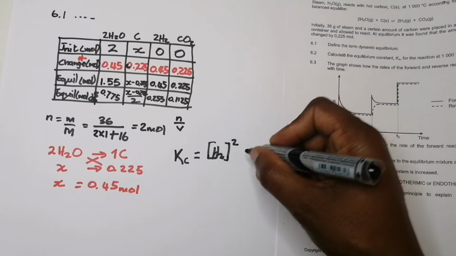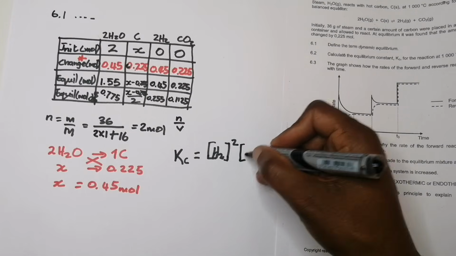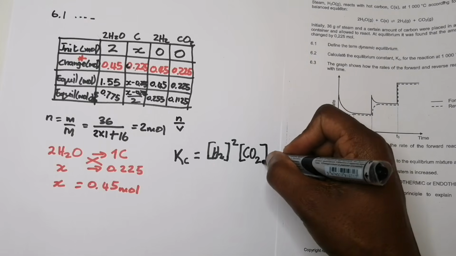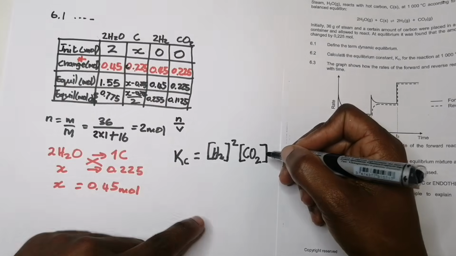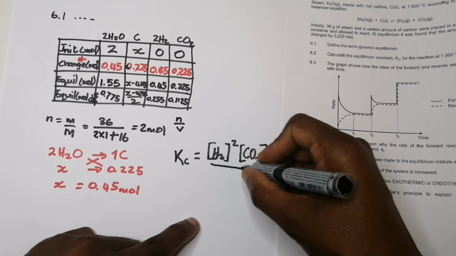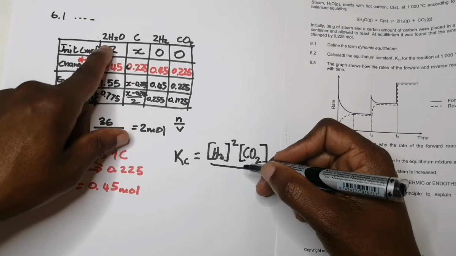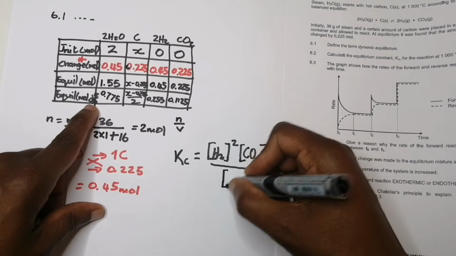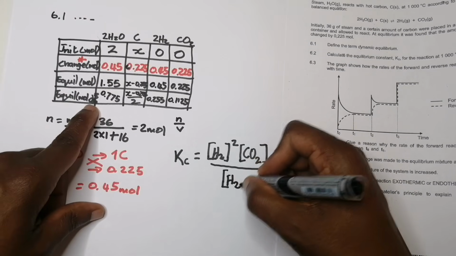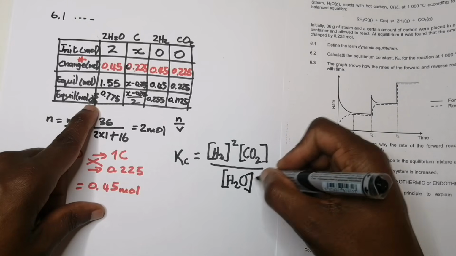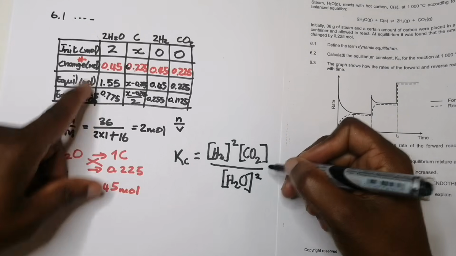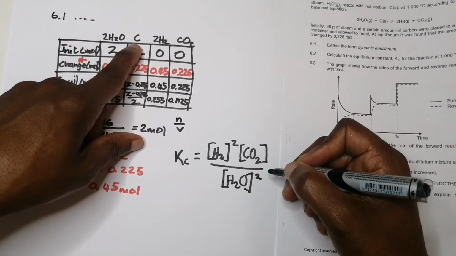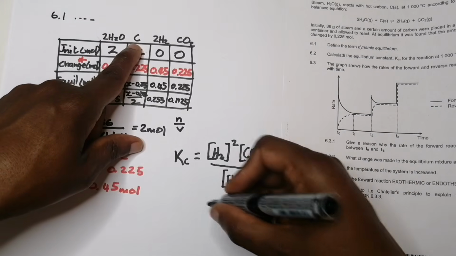All right. So carbon dioxide, that's CO2. Those are both gases, so I'm going to include them, to the power 1, divided by my reactants. What are my reactants? It's going to be H2O, molar concentration of H2O. It's a gas, but the coefficient is 2, so I will square that. Okay, carbon, remember we don't include that in the Kc expression.